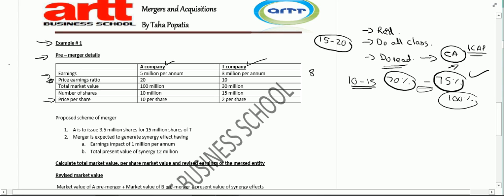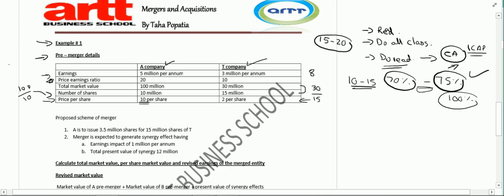Even if price per share was not given, we can simply divide the market value by number of shares and calculate the 10 rupee value of A, or divide the 30 million market value of T by the number of shares, which is 15, and get the price per share of 2 rupees for company T.